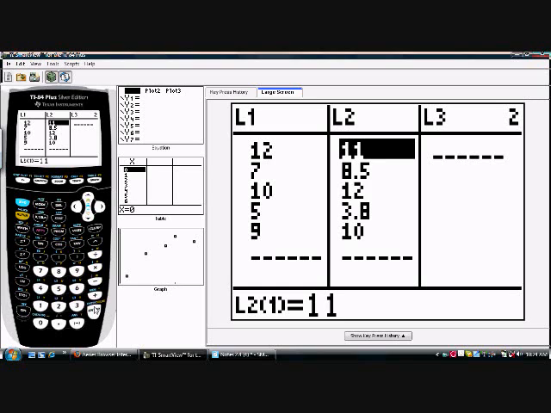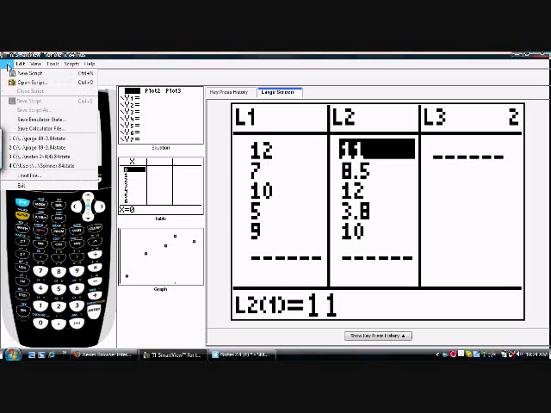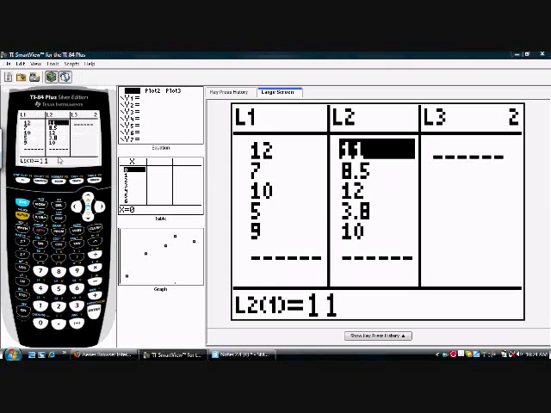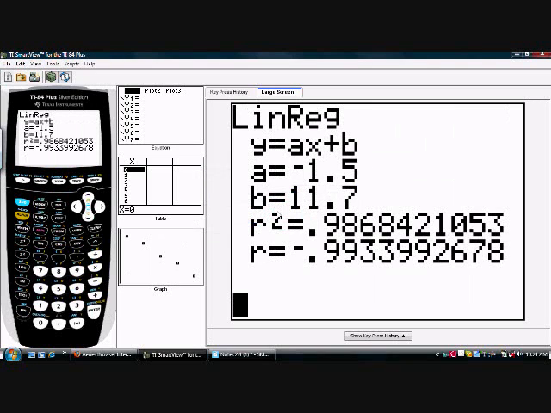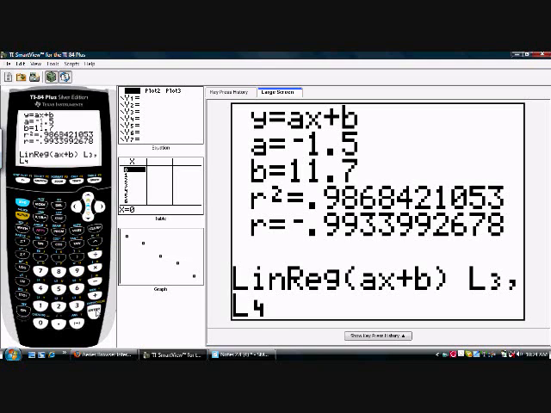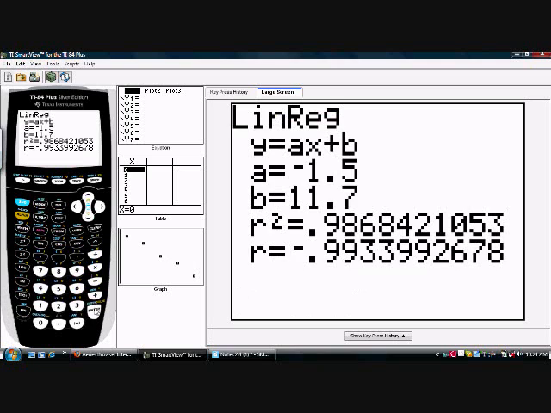Okay, let's look at one that has a negative correlation just so that you can see one. I have a different set of data in my calculator, and it gave me an R of negative 0.99.